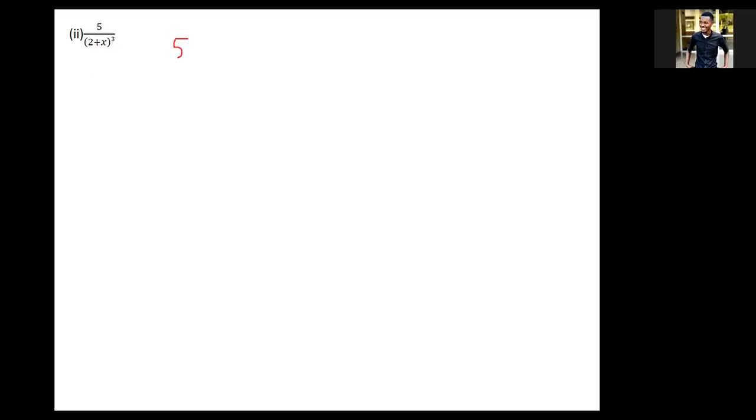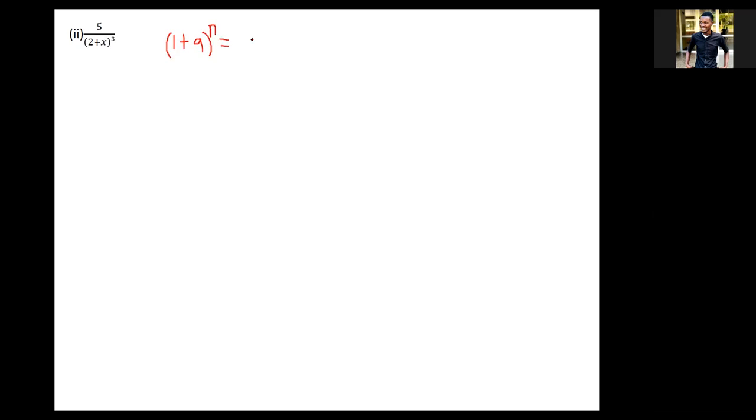So this is 5 over 2 plus x and then raised to power 3. The extension of the binomial formula, we know that it is 1 plus a, then everything raised to the power n. So this is how it looks.